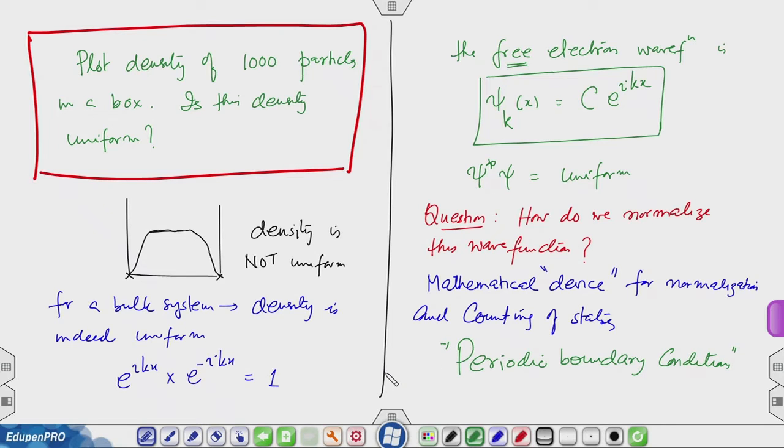These keep the wave function as e^{ikx}. That means, they keep the wave function to be eigenfunction of the momentum operator and facilitate normalization and also counting of states. So, let me introduce that.